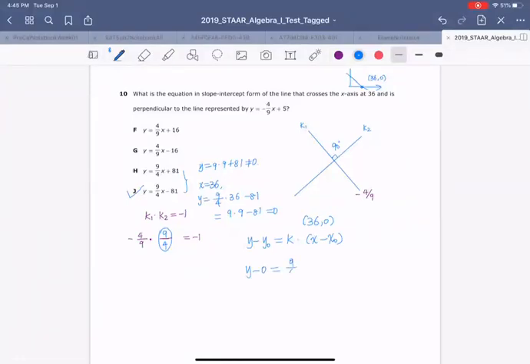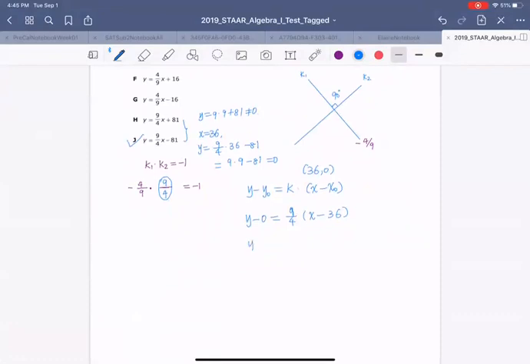Slope is 9/4 times x minus 36. So y equals 9/4 times x minus 9/4 times 36. This can be simplified as 9/4x minus 81.